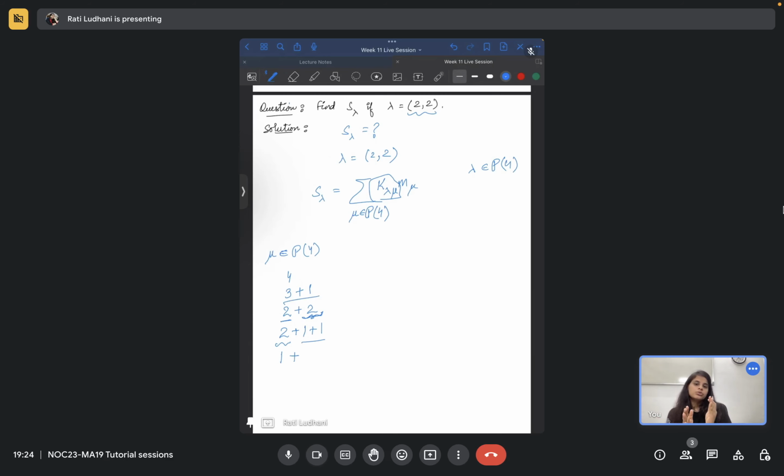The pattern is weakly decreasing. So you start with 1, and when you go down by 1 you will get 3. Now you cannot write 3, you can only have 1 or less than 1. So you can have 1 plus 1 plus 1plus 1. These are all you can have.